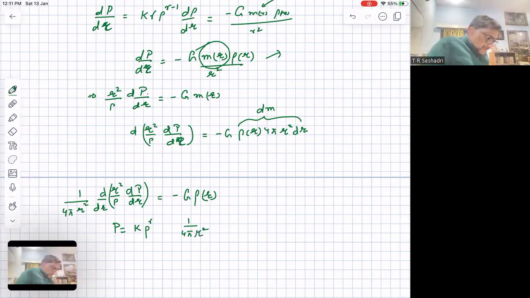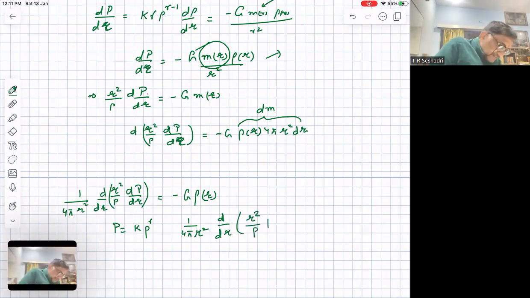So d by dr of r square by rho, and then I have K gamma rho power gamma minus 1 d rho by dr, equal to minus G rho.